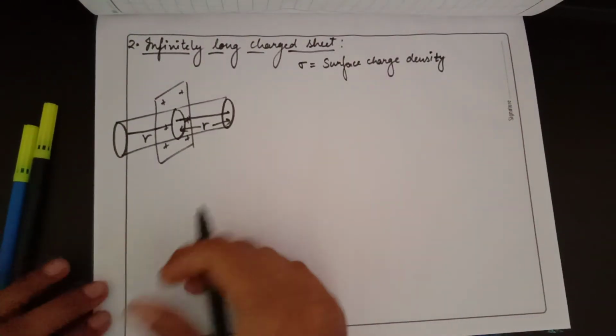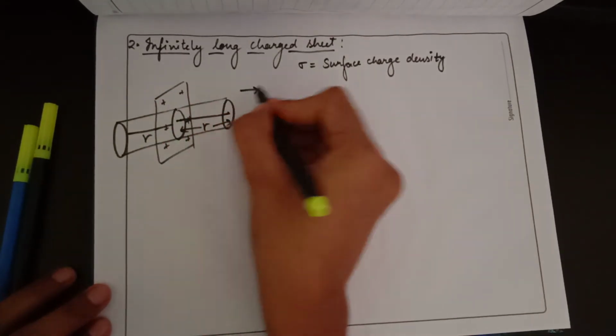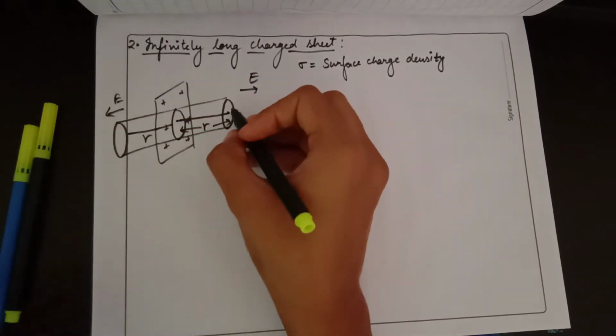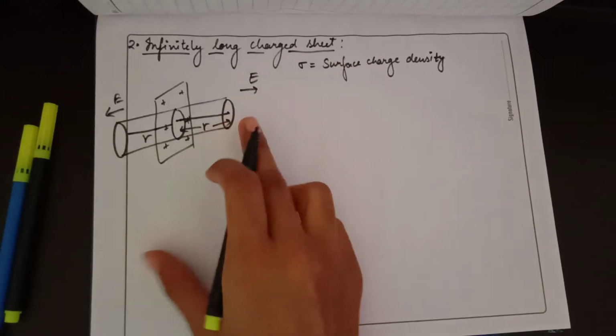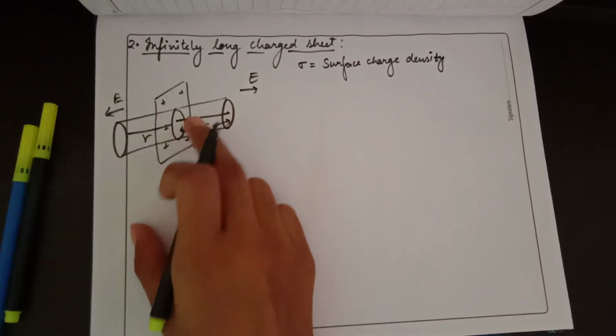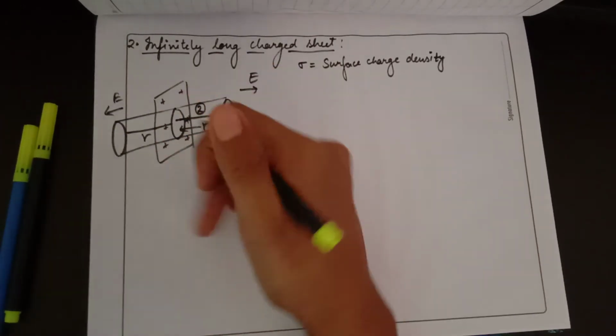And as you know, it is a positively charged sheet, meaning the direction of the electric field will be in the outward direction like this. Again I will consider 3 surfaces, 2 round surfaces and this curved surface.